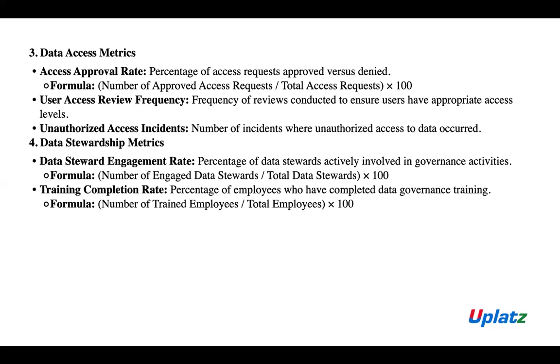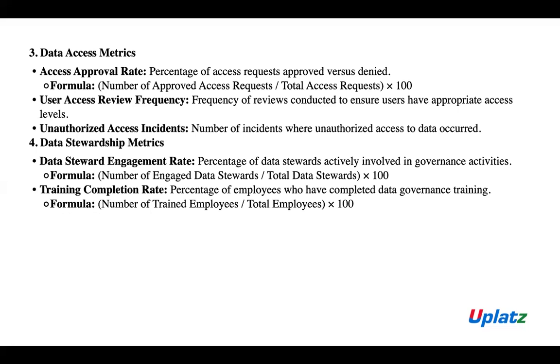It helps us find out the percentage of access requests approved versus denied. Suppose we want to find out the percentage which are denied, so it will be number of approved access requests divided by total access requests, whole multiplied by 100, and this will be subtracted from 1. So for denial, it will be 1 minus the approval rate, which can give us the denied rate.